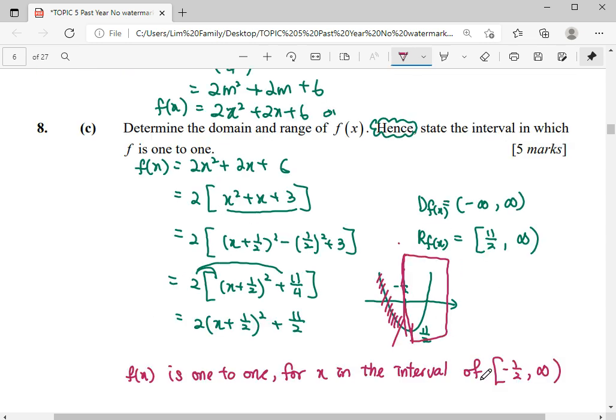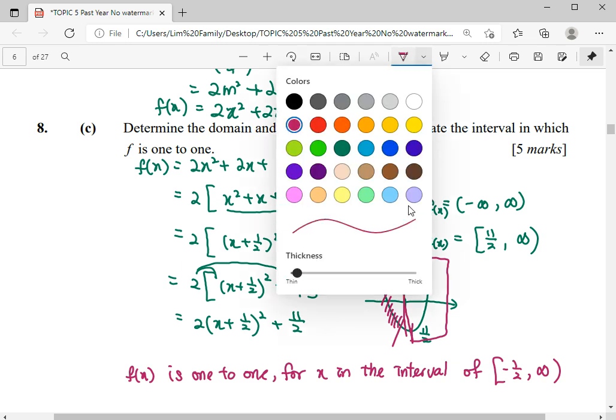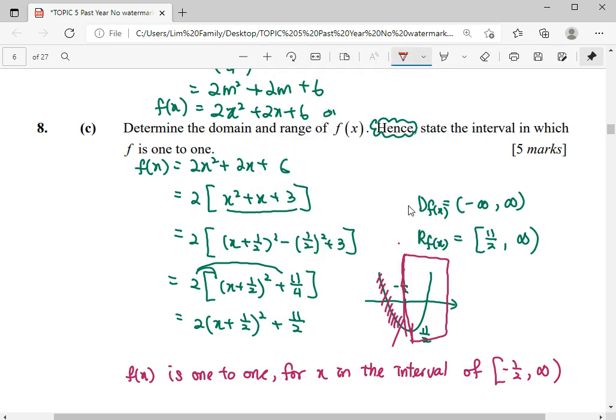Of course another answer can be accepted, which is negative infinity to negative half, but not both. If you write both intervals, you are taking both intervals, then it will not be 1 to 1. So we do our completing the square in order to get our domain and range. From then only you can know the interval for f(x) to become 1 to 1.